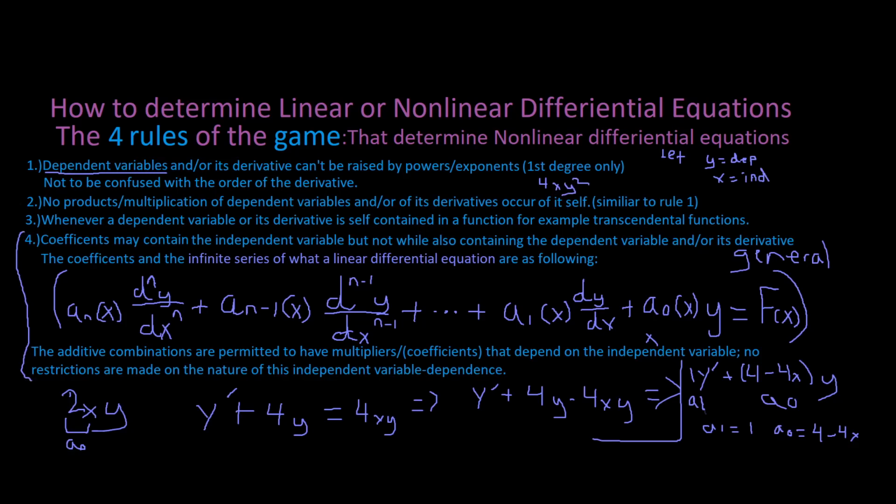So let's look at some equations. Alright, so here's our first example. And if you feel like anytime you want to pause the video to work out the problem yourself, please go ahead and do so. So this is our first problem. It's going to be d2y dx2 plus y cubed equals 0.